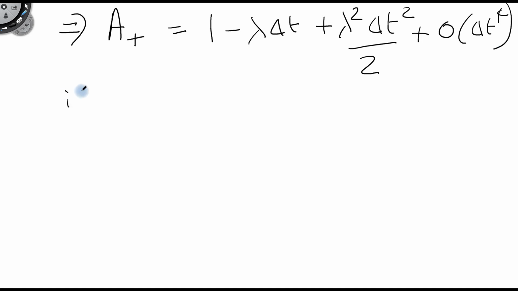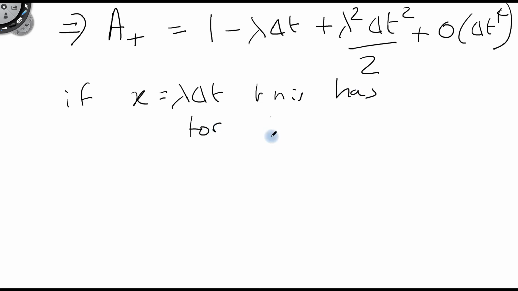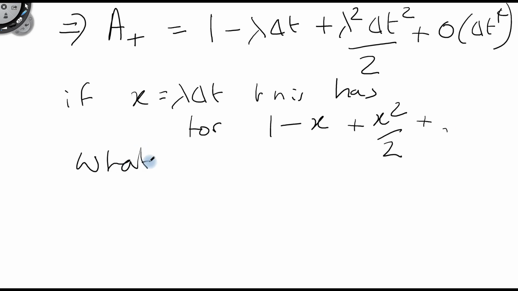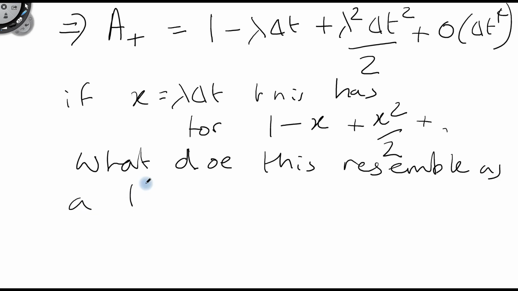So if I say x is lambda delta t, this has the form 1 minus x plus x squared on 2 plus other terms. So the question is, what does this resemble as a Taylor series?